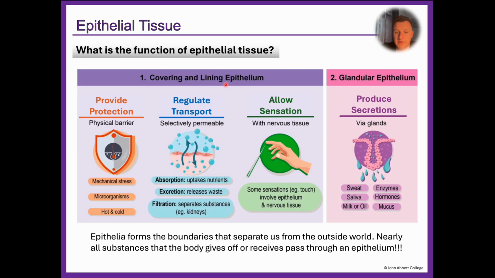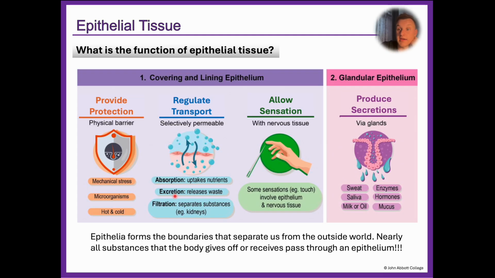Covering and lining epithelium also regulate transport. So they are selectively permeable. They allow absorption of certain things. So, for instance, in the small intestine, we have epithelium that allows for absorption and uptake of certain nutrients, right? Sometimes it's excretion.